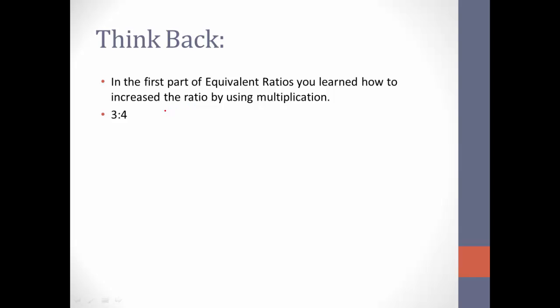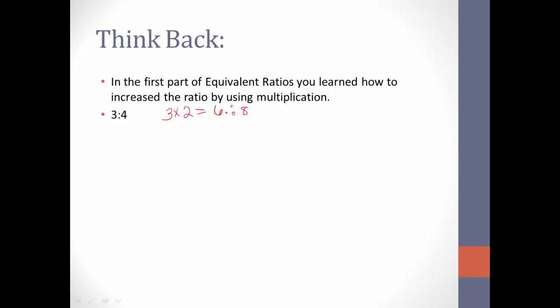So I'm going to multiply my first term, 3, by 2, and I get 6. And I will multiply 2 by my second term, 4, and get 8. So I have a new equivalent ratio, 6 to 8.